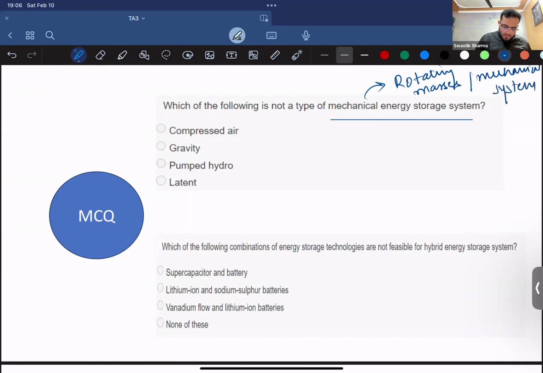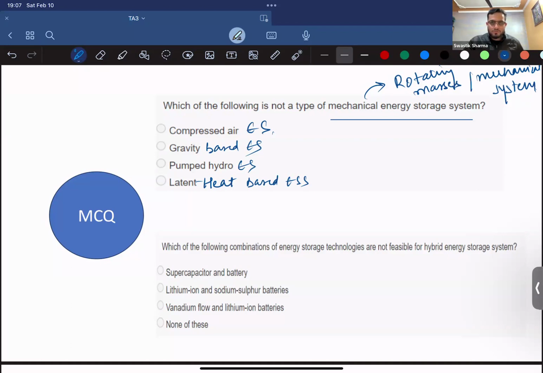So can anyone tell me, out of all these, which one won't have it? This is latent heat. This was given to us by NPTEL. So can anyone tell me, out of all these, which one is not a mechanical energy based storage system?